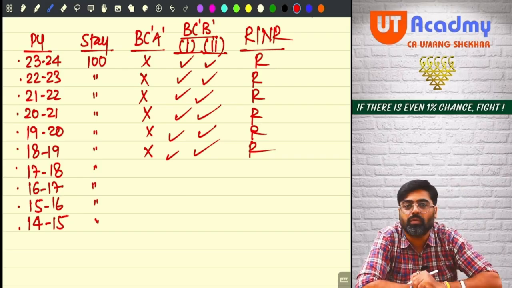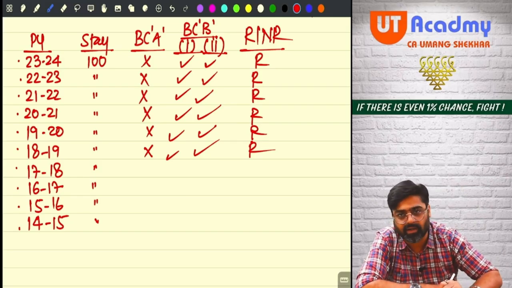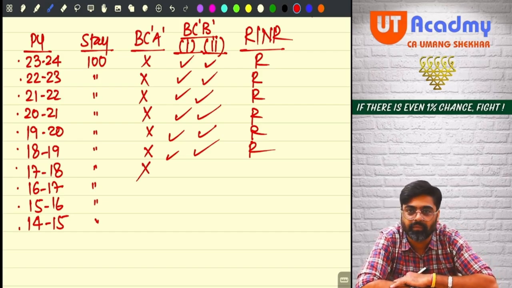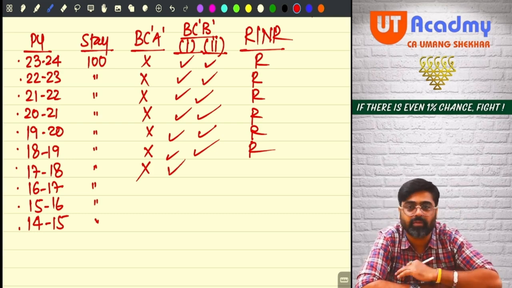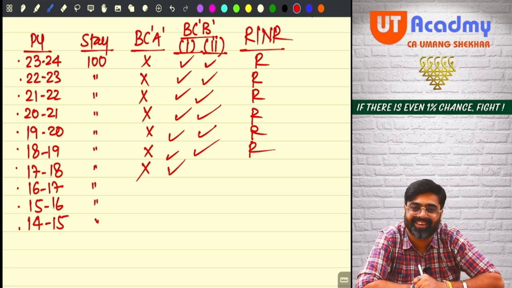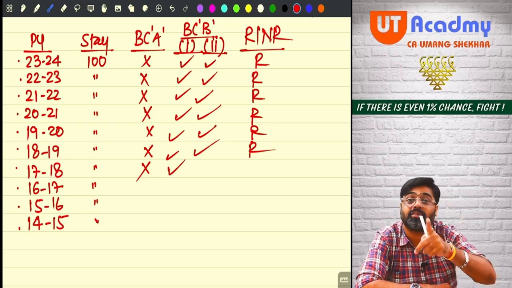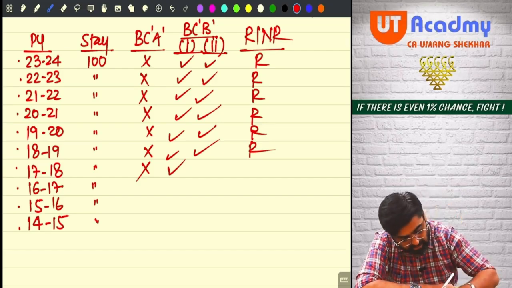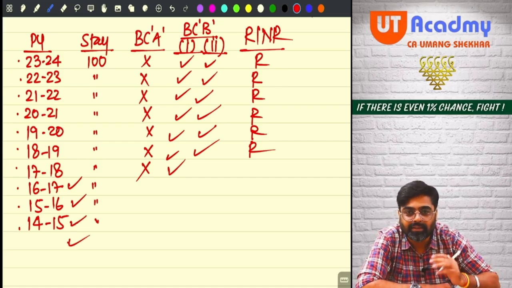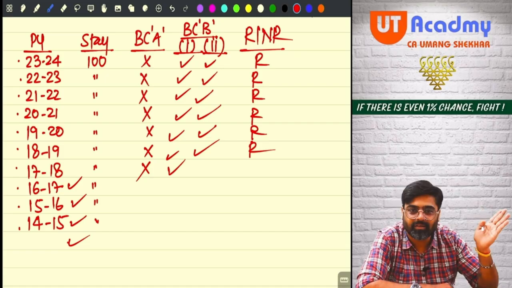Now coming to 1718. In 1718, his stay was 100 days, not more than 182. Not satisfied. More than 60, yes, this satisfied. But tell me, 4 years prior to 1718, 1, 2, 3, 4. He started coming since last 10 years.